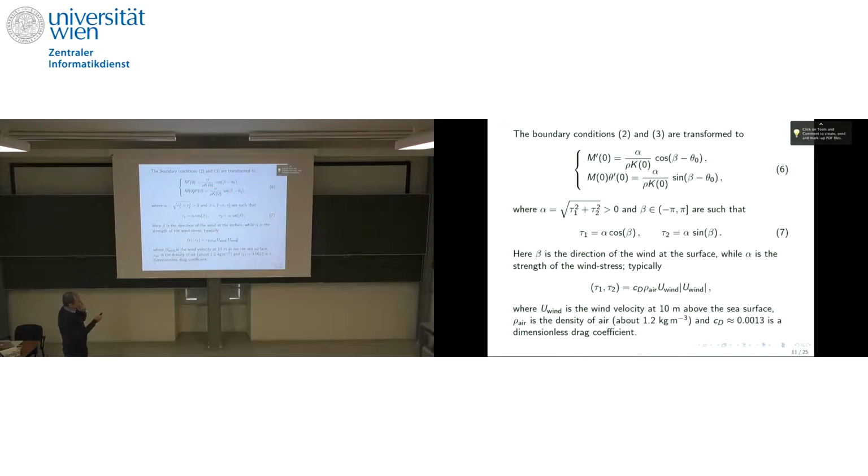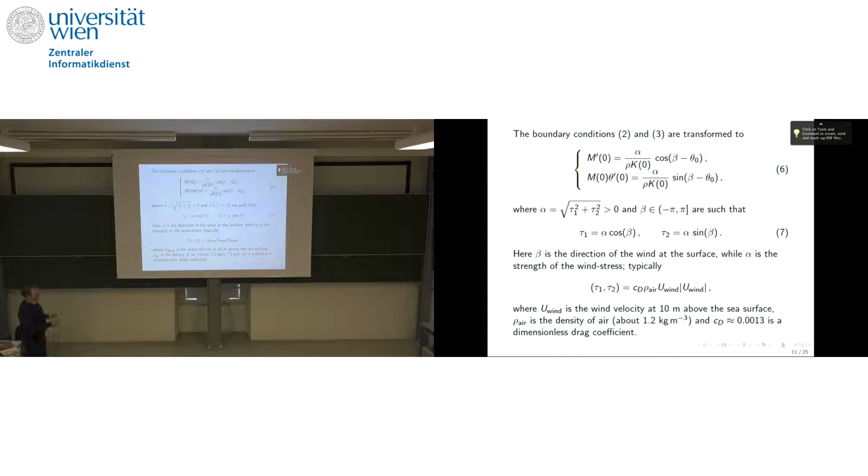All right, the boundary conditions, just to express them in terms of M and theta: you can introduce a beta, so you can write the wind stress also in polar coordinates, and then these are the boundary conditions. Beta is the direction of the wind at the surface, alpha is the strength of the wind stress.